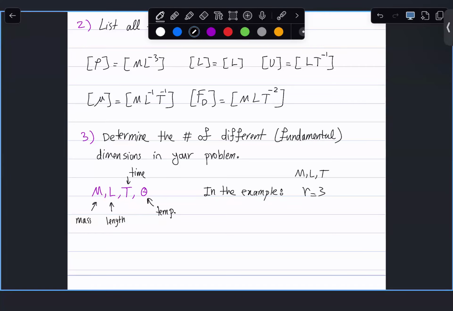So is it clear what we're trying to do? You write down the dimensions with the unknown A, B, C and solve for A, B, C.